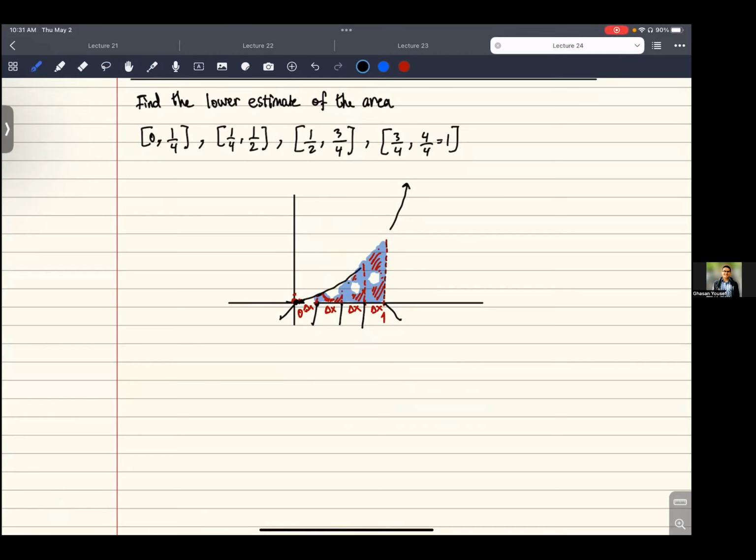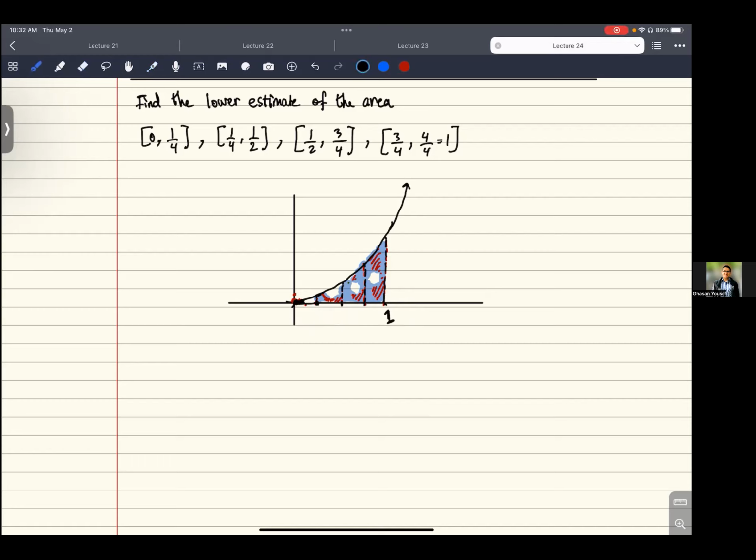Here is the function, and we divide it into subintervals. I'm going to remove these things here. Okay, so for the first one, by the way, this is 1, this is 0.